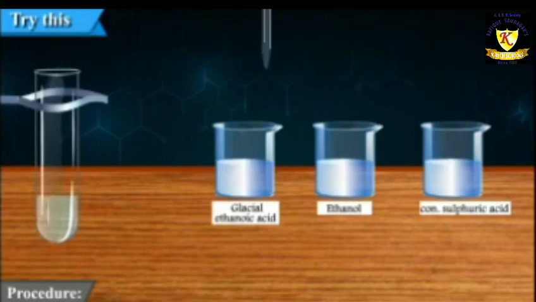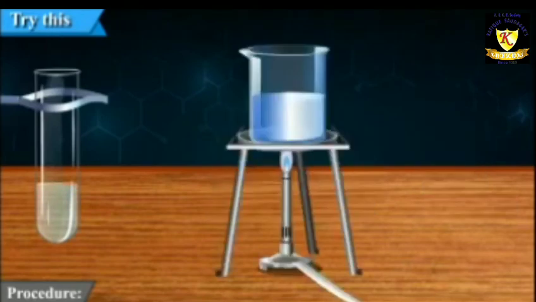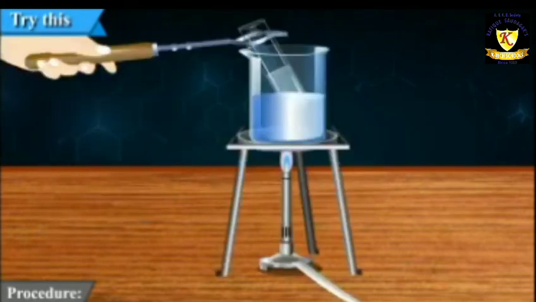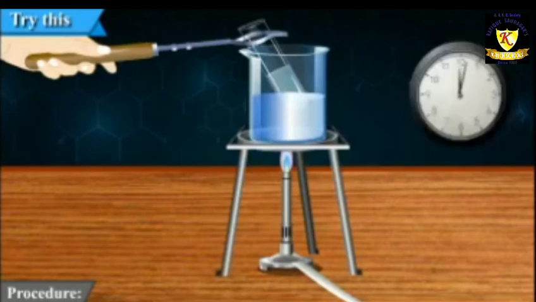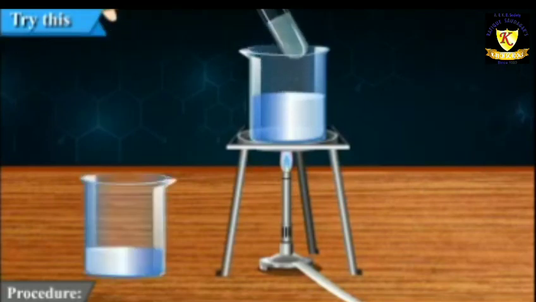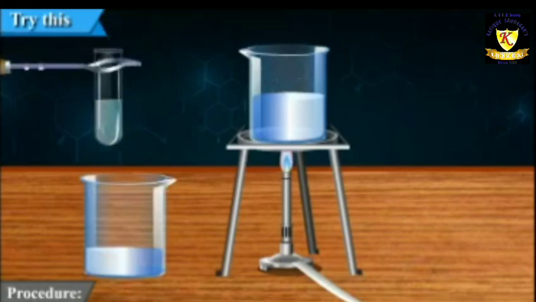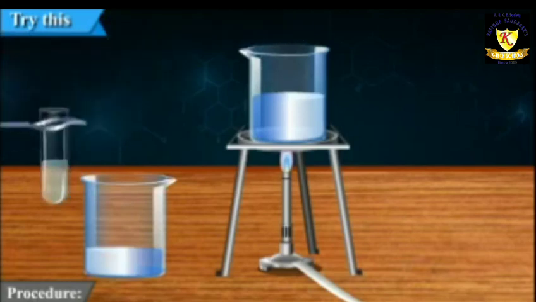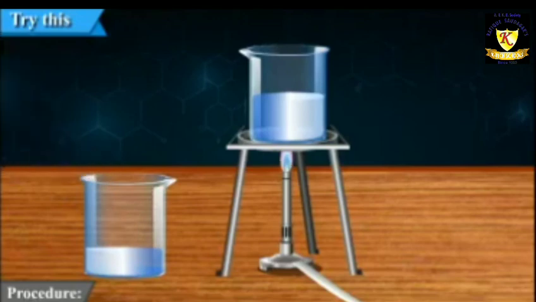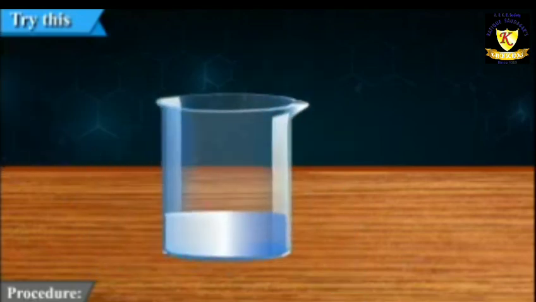Add a few drops of concentrated sulfuric acid to it. Keep this test tube in the beaker containing hot water for 5 minutes. Take 20 to 30 ml of water in another beaker, pour the above reaction mixture in it and smell it.